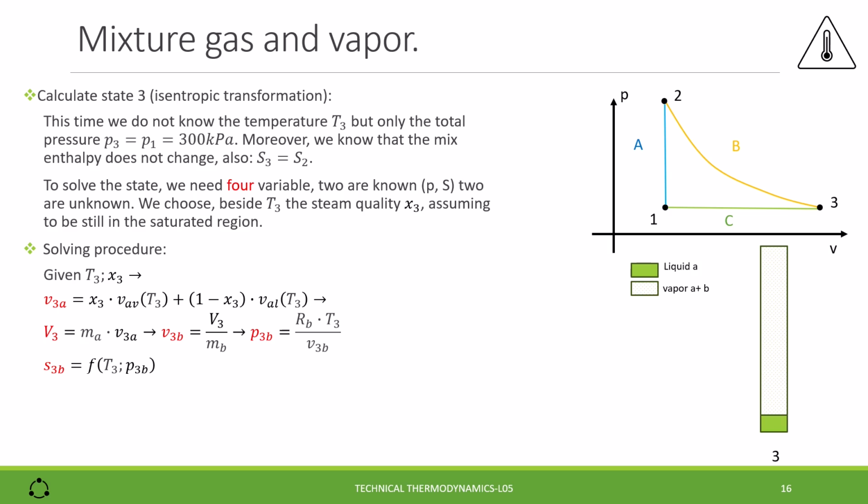We can calculate using one of the formulas already mentioned for the ideal gases, and we can calculate, moreover, the partial pressure of the steam that is a function of the temperature. Moreover, we calculate the specific entropy of the steam because we know both temperature and the steam quality.